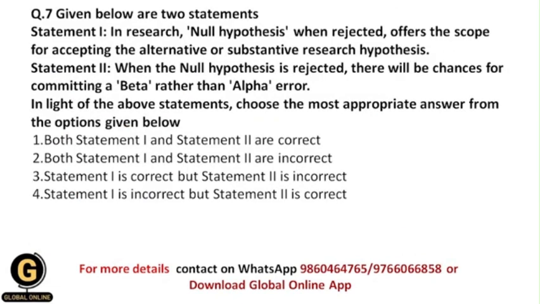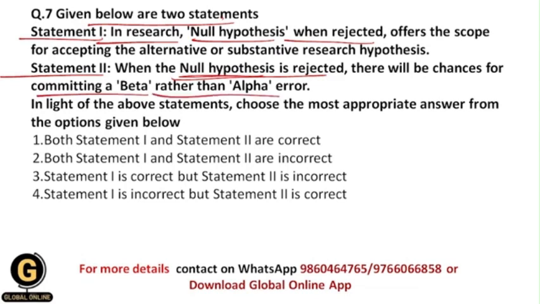Next, given below are two statements, statement 1 and statement 2. Let us see statement 1. In research, null hypothesis when rejected offers the scope for accepting the alternative hypothesis or substantive research hypothesis. And statement 2 is, when the null hypothesis is rejected, there will be chances for committing a beta rather than alpha error.